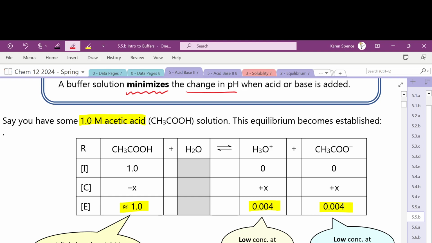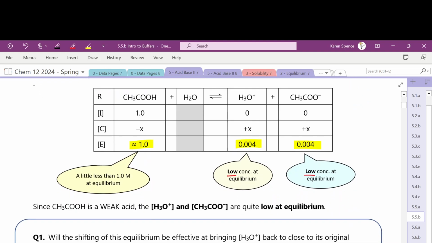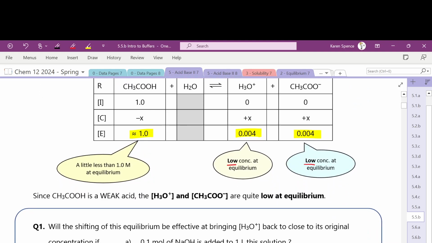Yes? Okay. So here's a question for you. Will the shifting of this equilibrium be effective at bringing H3O plus back to close to its original concentration if we add 0.1 molar NaOH?